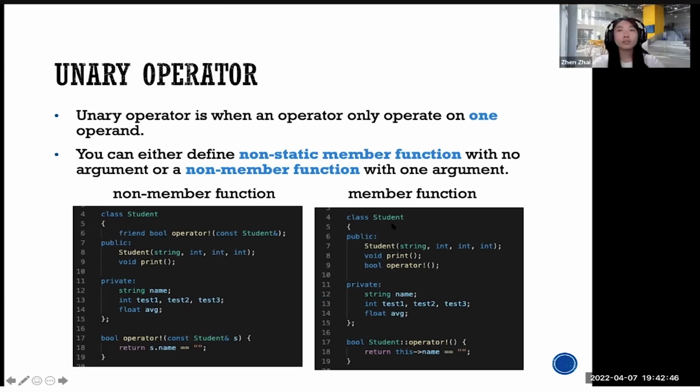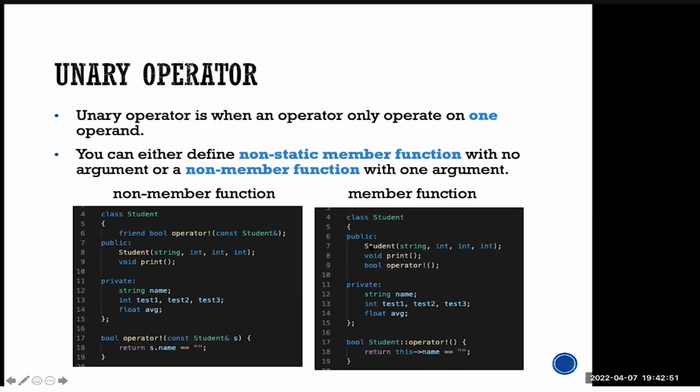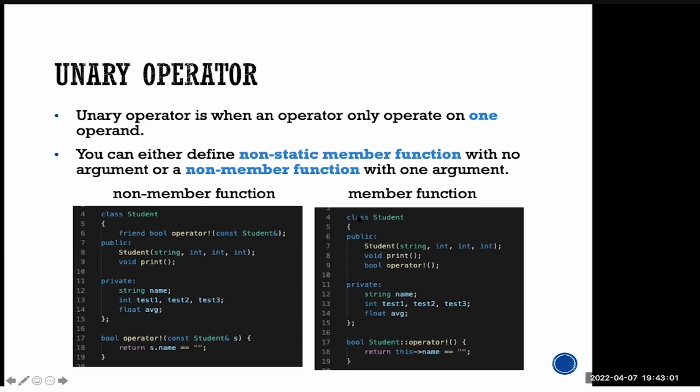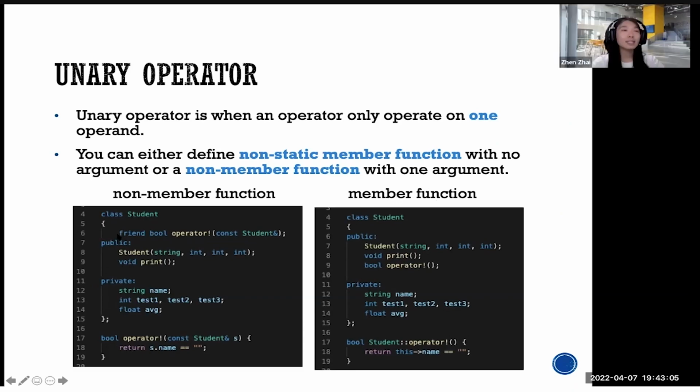So on the right, you see line 9. Line 9 is saying that this is a function that belongs to class student. Right, so that's a member function. Line 6 is not defining anything.